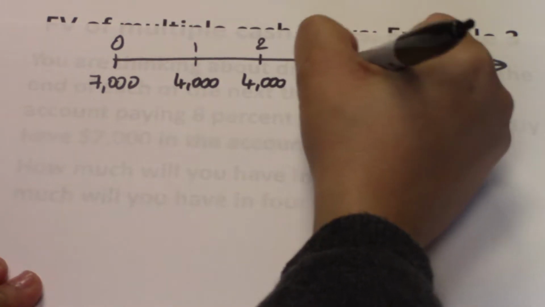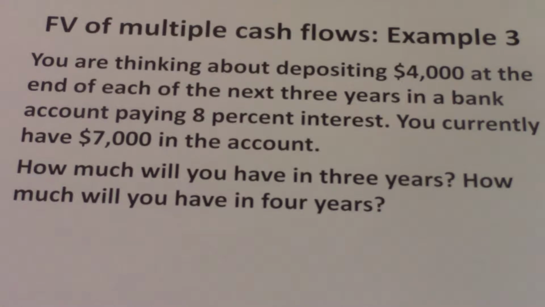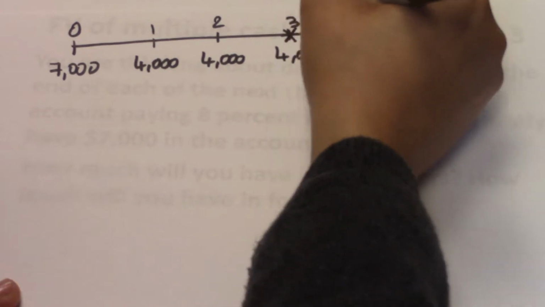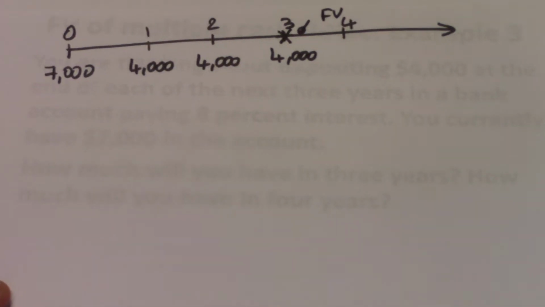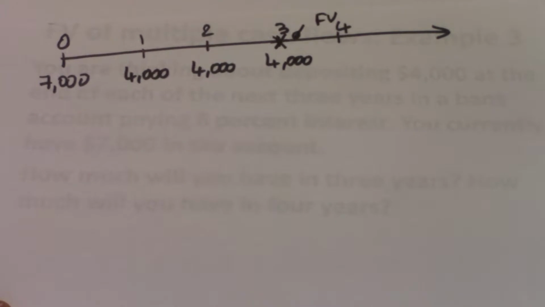and then 4,000. And the problem is asking how much will you have in 3 years. So here we're looking at the future value at the end of year 3. Okay, so the future value of multiple cash flows is simply the sum of the future value of each cash flow, and so this is what we are going to be doing here, determining the future value of each cash flow.